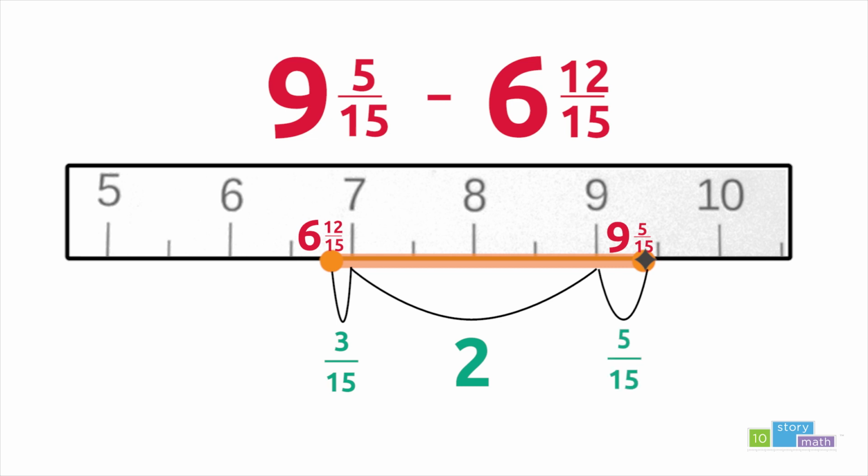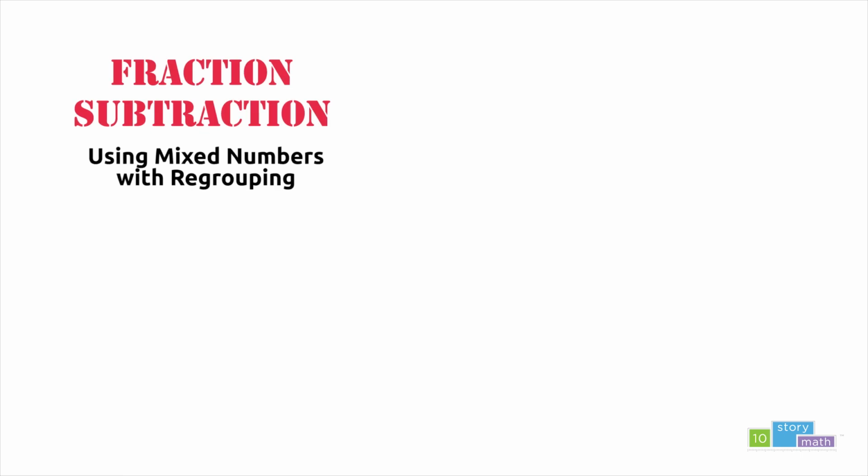So to find the total distance between 6 and 12/15 and 9 and 5/15, we just need to add 3/15 plus 2 plus 5/15. Because we already have common denominators, that's not such a tough problem. 2 and 8/15.